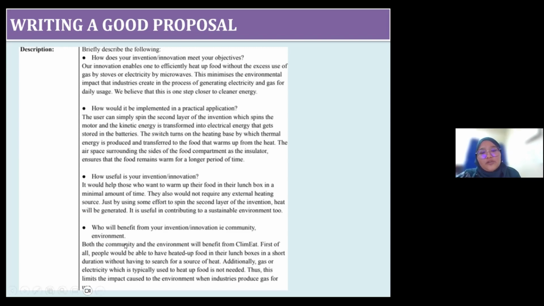So they mentioned both community and environment. Then they elaborate: if it is the community or people, why and how they benefit. If it is the environment, they elaborate why and how they will benefit from the invention.